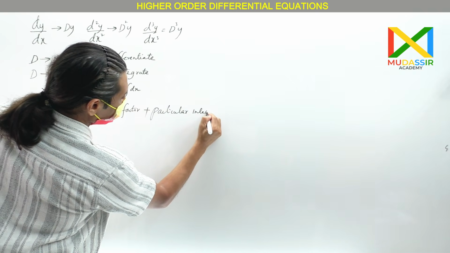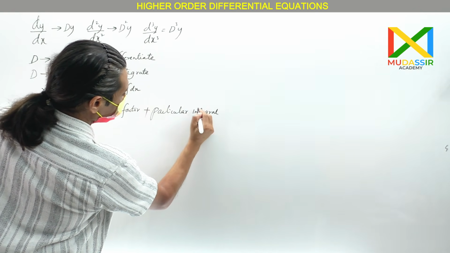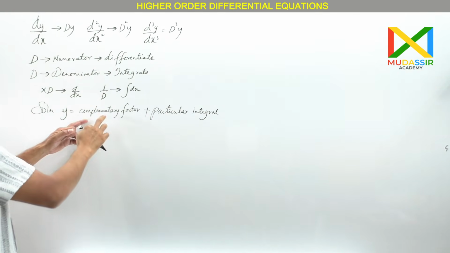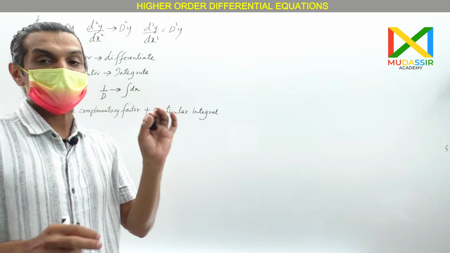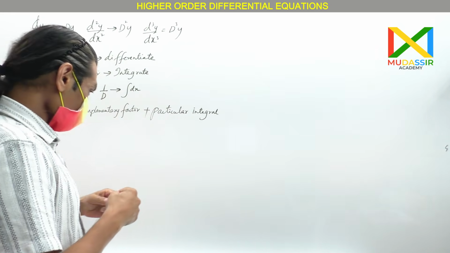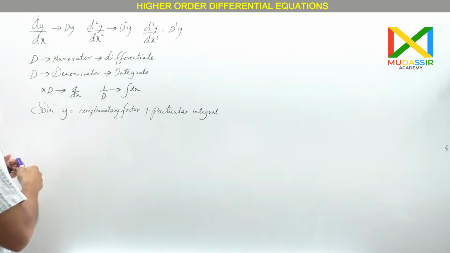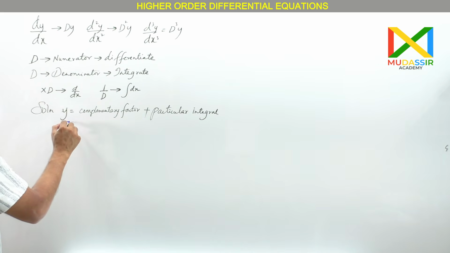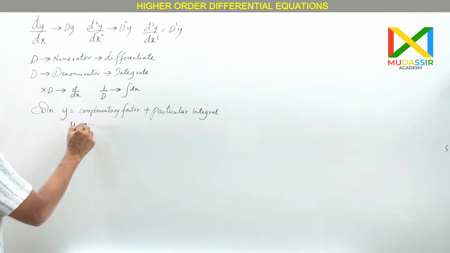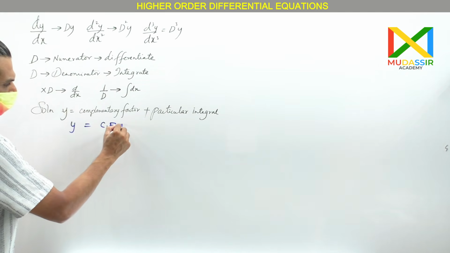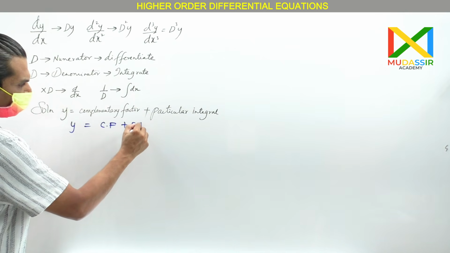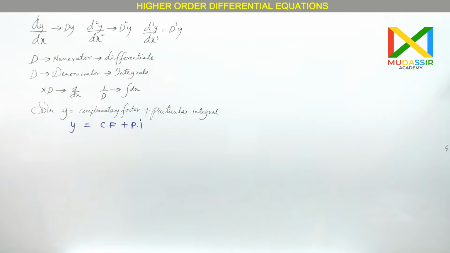Complementary function plus particular integral. Now, I write it as a solution, say y is equal to CF plus PI, as you all know. Complementary function plus particular integral.